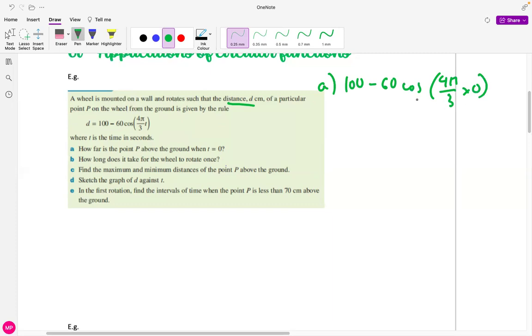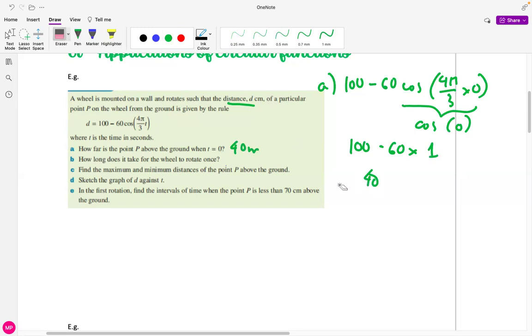So that's 0. Cos of 0 is 1. So I would have 100 minus 60 times 1, and the answer is going to give me 40. So initially they start 40 meter.